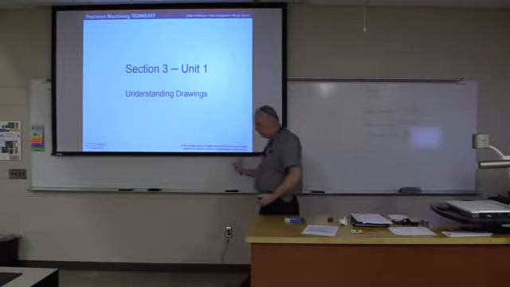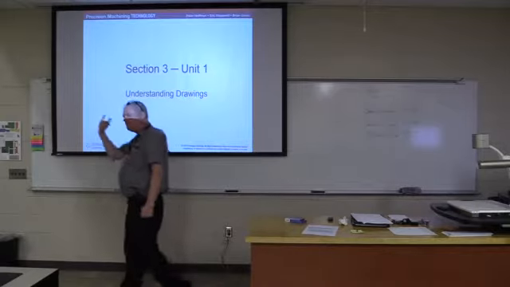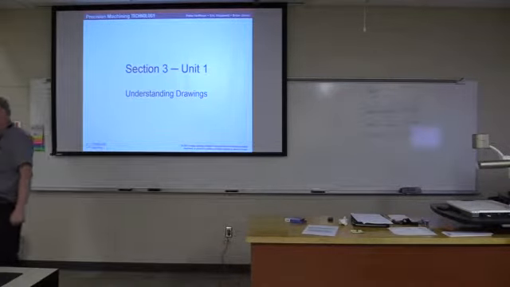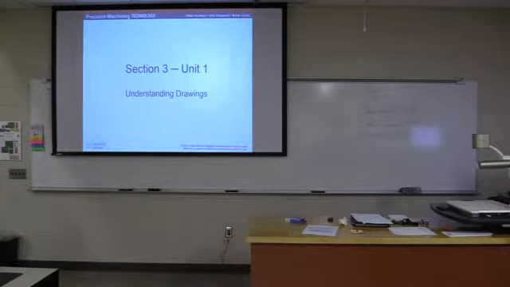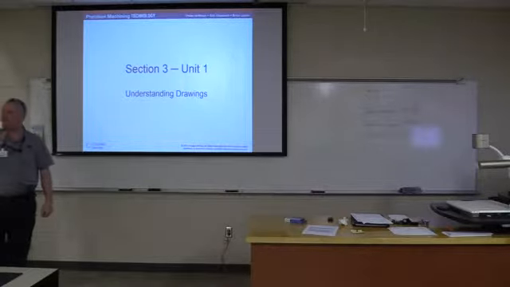The two main skills of blueprint reading are, as I just said, visualizing the part. Being able to take these series of two-dimensional views and actually form a picture in your mind. The second is what I like to call interpretation. Not only do you have a lot of views on there, but you have a lot of information on features of the part.